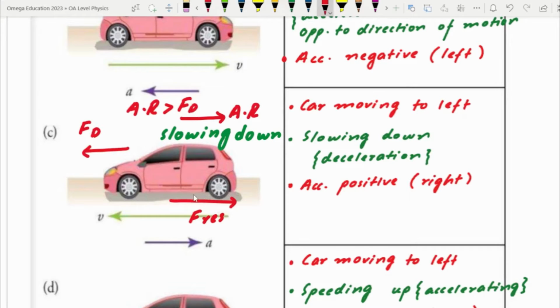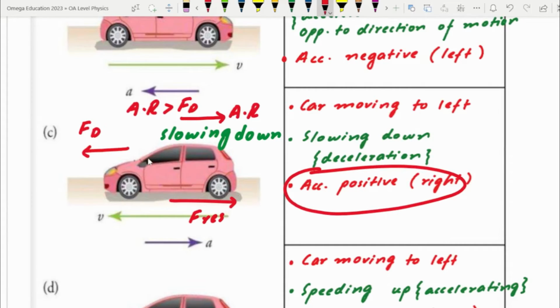And whatever the direction of resultant force is, the same would be the direction of acceleration. So resultant force is on the right side, acceleration is also on the right side, and if it is on the right side, the sign convention is acceleration would be positive. So your acceleration is positive, it is not negative acceleration.